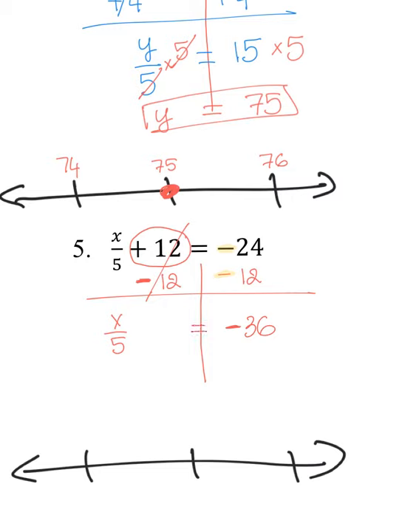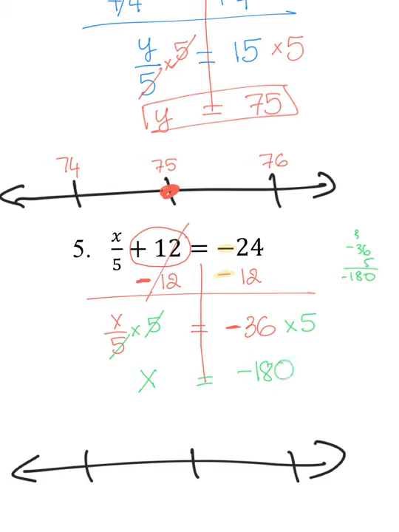So x divided by 5. So what is the inverse of division? Multiplication. Alright? Because 5 over 5 is x. Negative 36 times 5. 5 times 6, 30. Remember 3. 5 times 3, 15. 16, 17, 18. Negative 180.